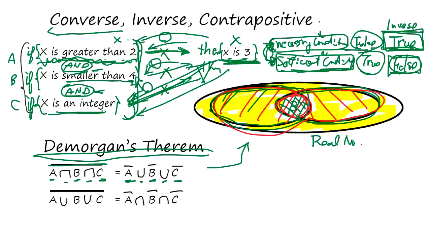So in the statement, x is not 3 is the same thing as saying x is not greater than 2. Is that true? Okay, so you deny one of them and it becomes or, so that's sufficient.